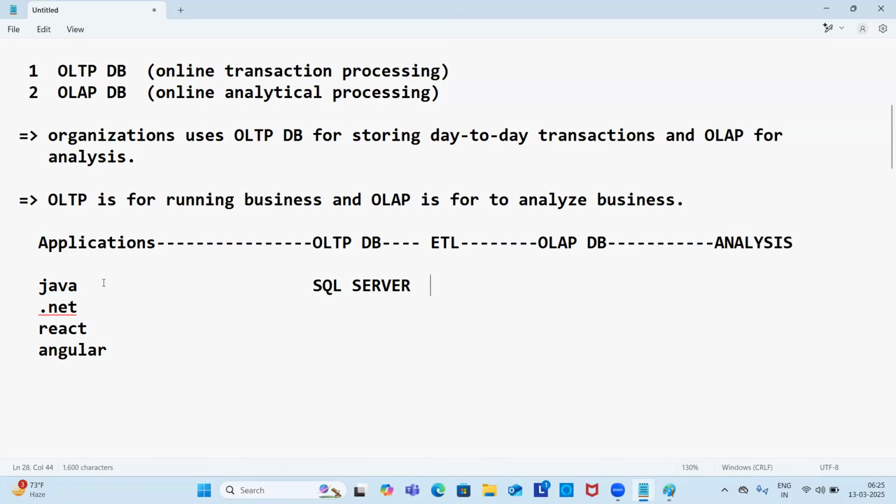What are the ETL tools? There are a number of ETL tools: ADF, ADB, Snowflake, MSBI. These are all ETL tools.